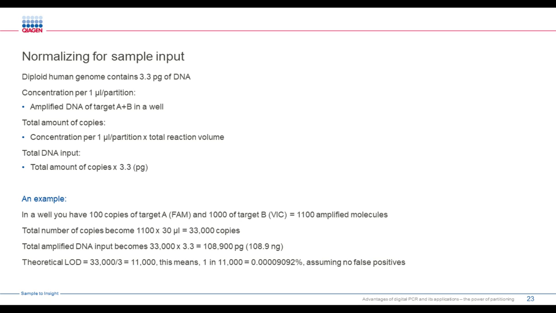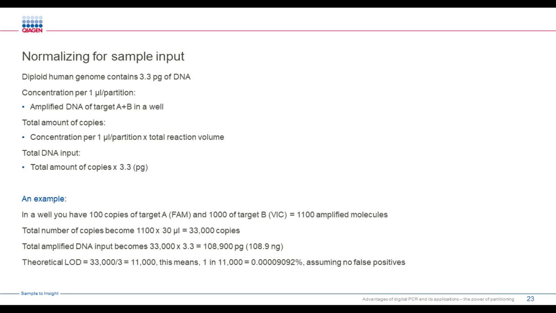Let's say we have a well with 100 copies of target A and 1,000 copies of target B. The total amplified target molecules is 1,100. Then you take this times the reaction volume, which is 30 microliters in our case, and you know that you have 33 copies in total.